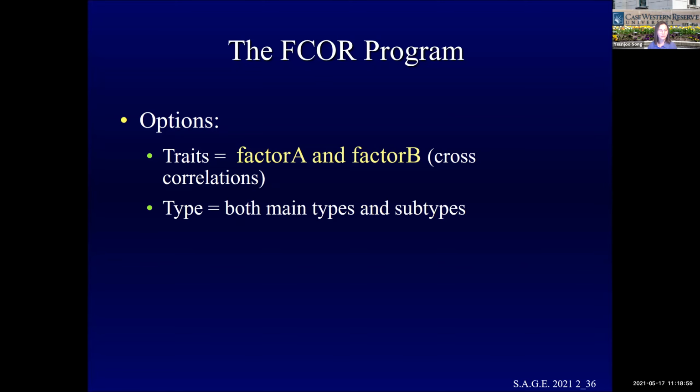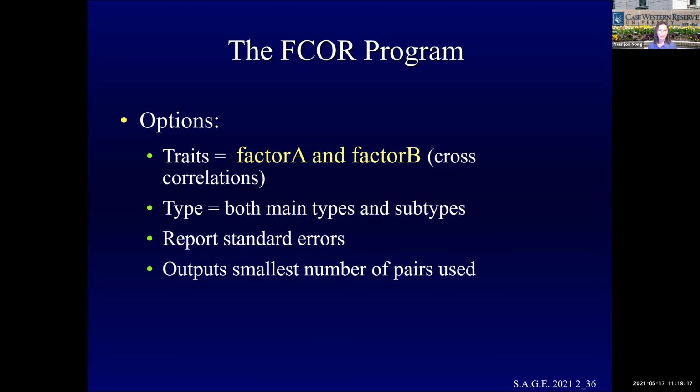And we will choose to analyze both main types and subtypes, and we will report standard errors. By default, it does that, and we are going to choose to actually output the smallest number of pairs used.